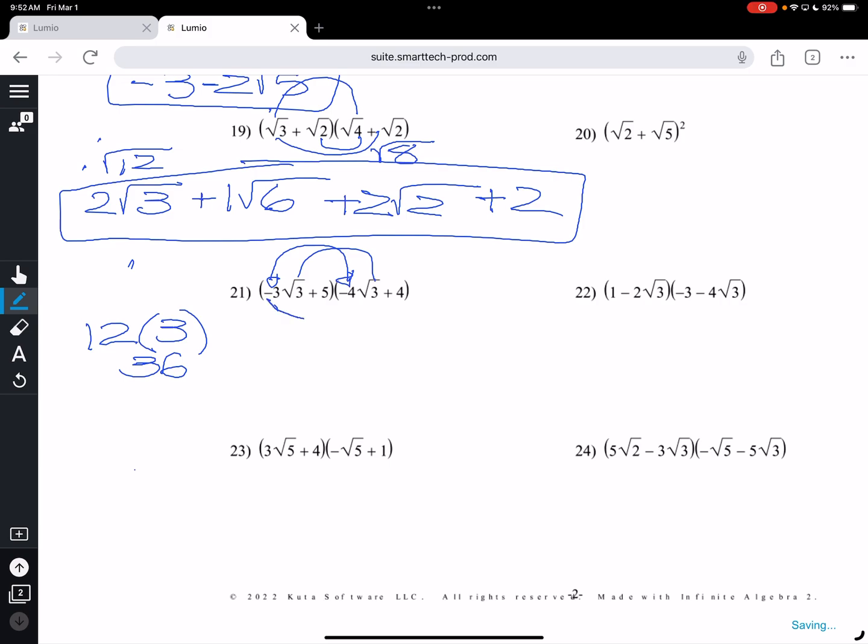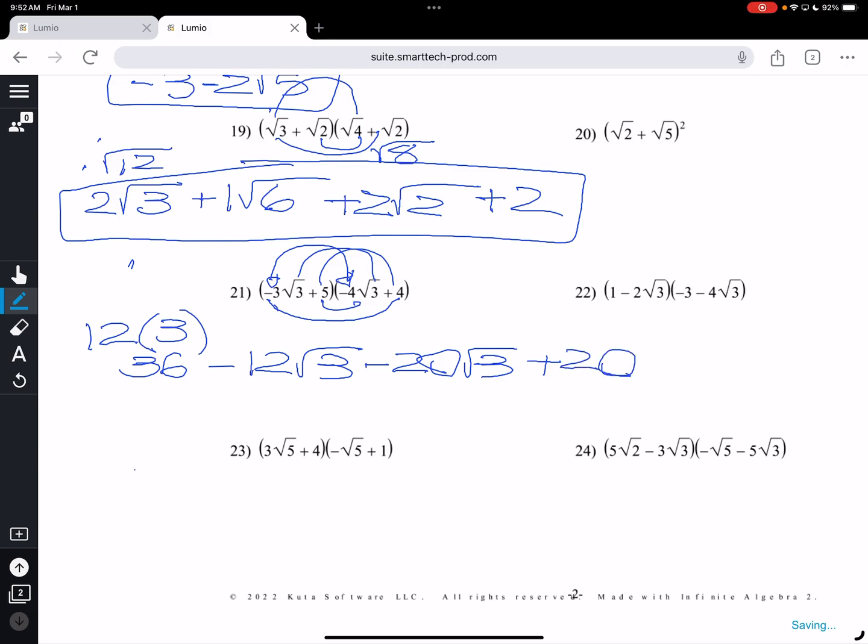Outer. -3 times 4. That's -12, and then the radical 3 rides along. Inner. 5 times -4, -20, and the radical 3 rides along. And then last, 5 times 4 is 20.